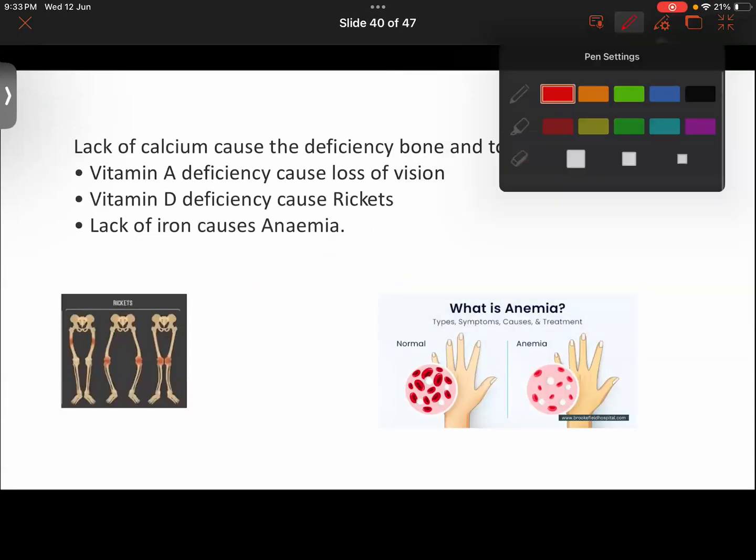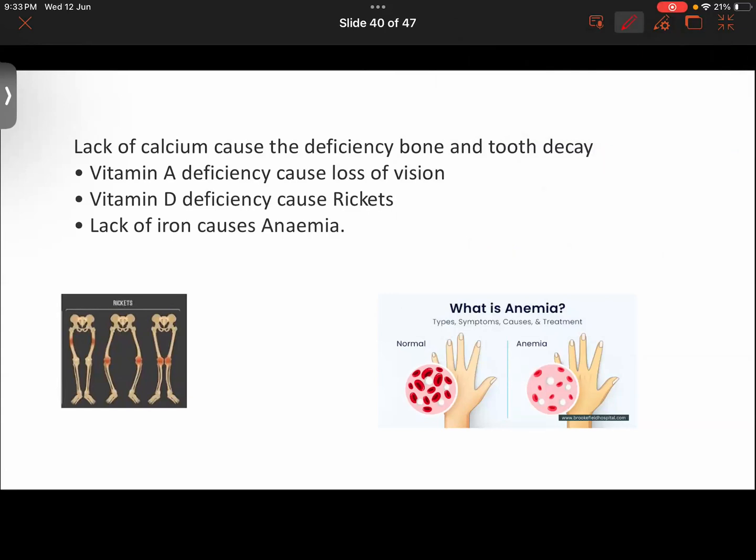For example, talking about calcium, the lack of calcium will cause bones and teeth to decay, because we know that for healthy bones and teeth, calcium is important. If the body does not get the right amount of calcium, the person would develop decay in bones and teeth.